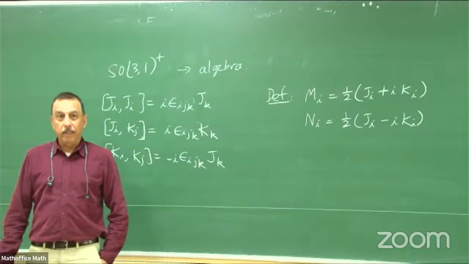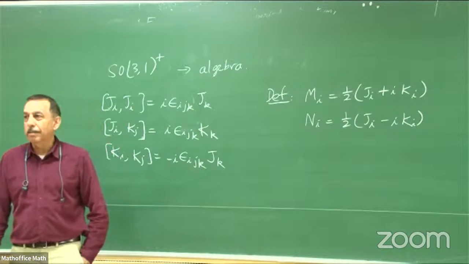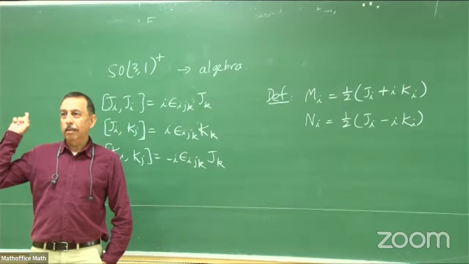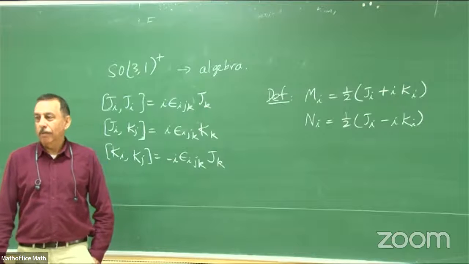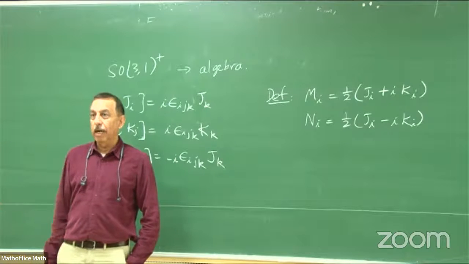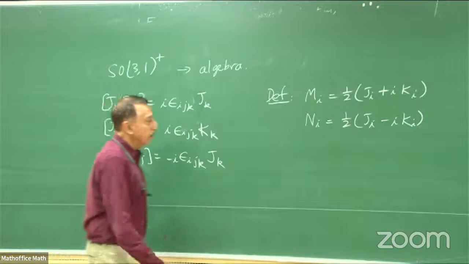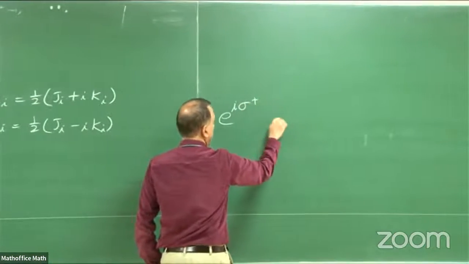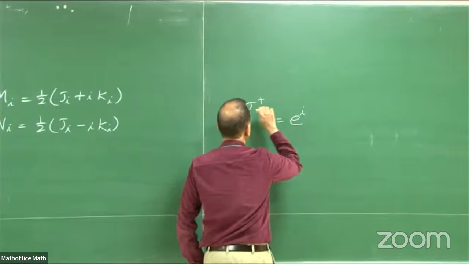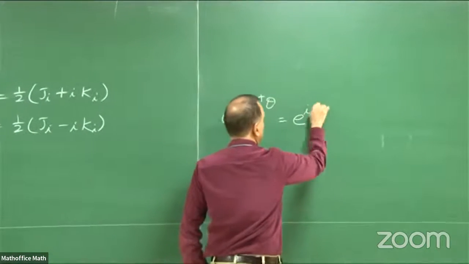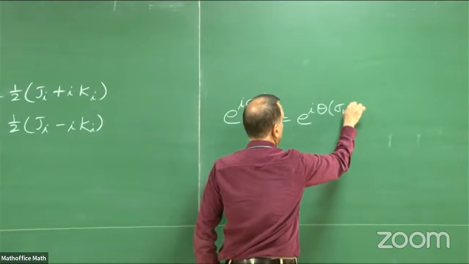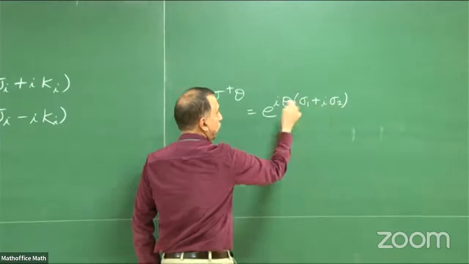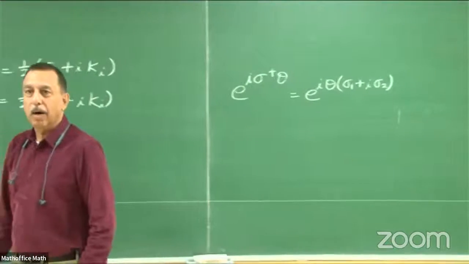For example, we'll never exponentiate sigma plus or sigma minus. We always exponentiate e to the i theta dot sigma. I'm just repeating something which I said yesterday. If I exponentiated e to the i theta times sigma 1 plus i sigma 2, then the term e to the sigma 2 comes with a minus theta, so it's completely unbounded.